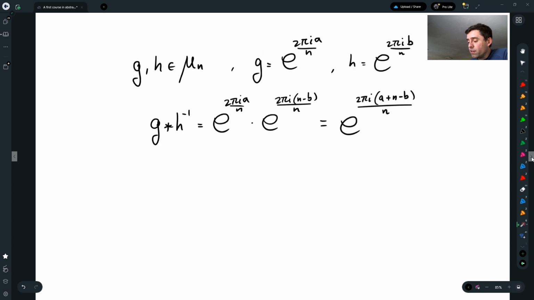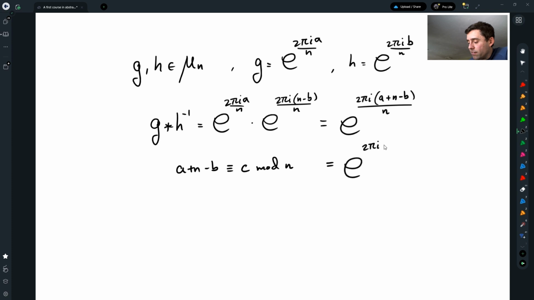So if a+n-b is congruent to c modulo n, then this is e^(2 pi i c/n), which is another nth root of unity.